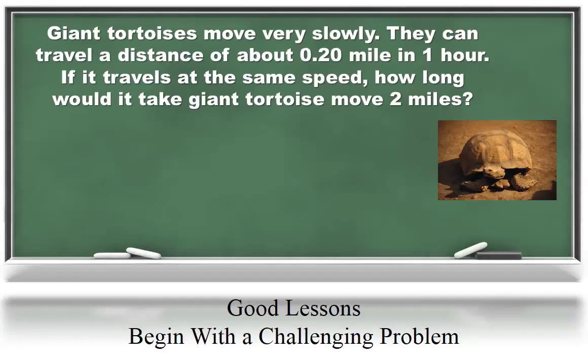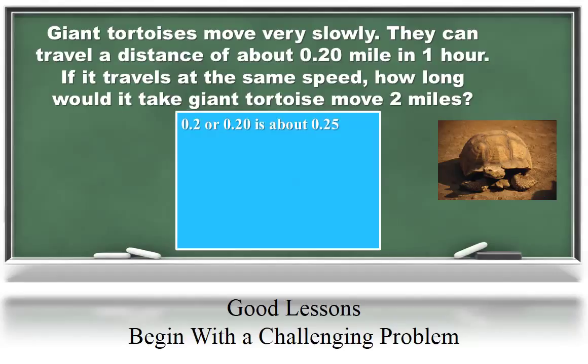For example, in this situation, since they are trying to figure out how many groups of 20/100ths of a mile it takes to go 2 whole miles, a child may see that 2/10ths or 20/100ths is close to about 25/100ths, relating it to money.